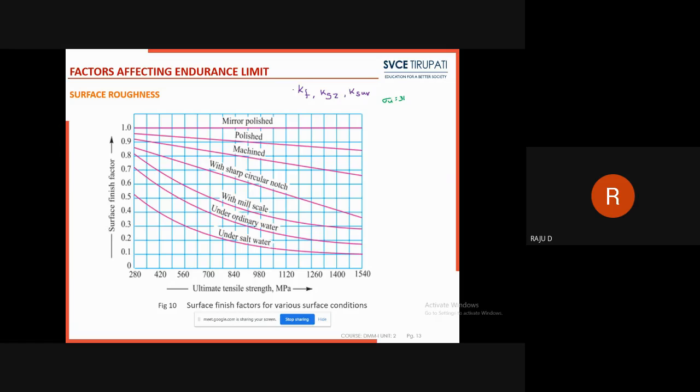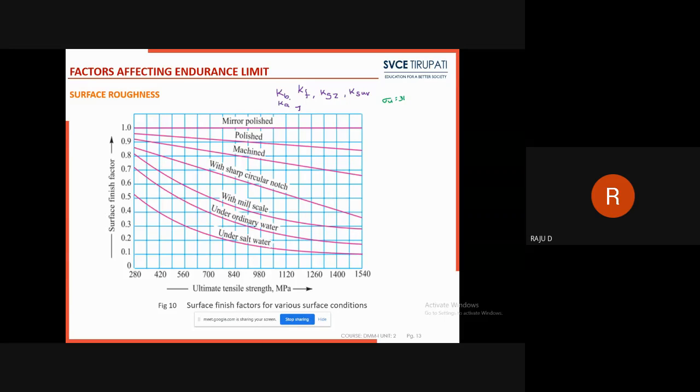Next one is called the load correction factor, that is K. If it is KB, it is the load correction factor for bending. If it is KA, it is the load correction factor for axial loading condition. If it is tau, it is the load correction factor for shear.